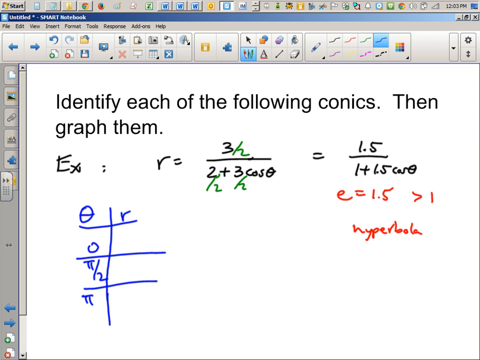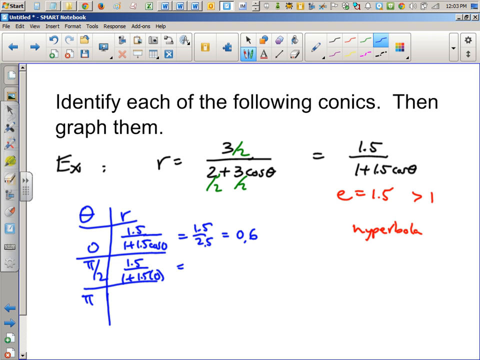Let's plug in 0. What is 1.5 over 1 plus 1.5 cos theta, or cos 0? Well, cos 0 is 1, so it's 1.5 over 2.5, 0.6, 3/5. Okay? Let's plug in pi over 2. 1.5 over 1 plus 1.5 times cos pi over 2, that's just 0. This comes out to 1.5.